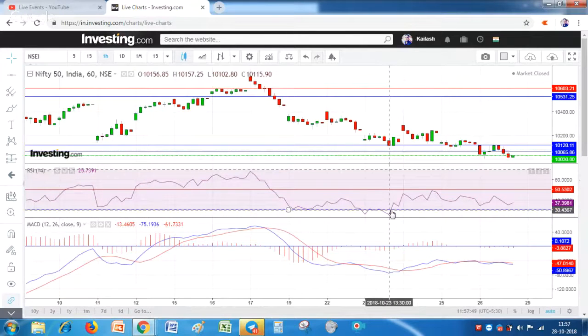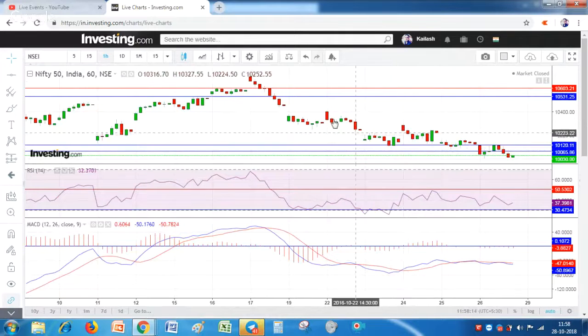At this level, friends, RSI had gone below 30 and has come back above 30. The MACD signal is a little late. This is the MACD signal, shown at this level, where we should have taken an exit from our positional trade.